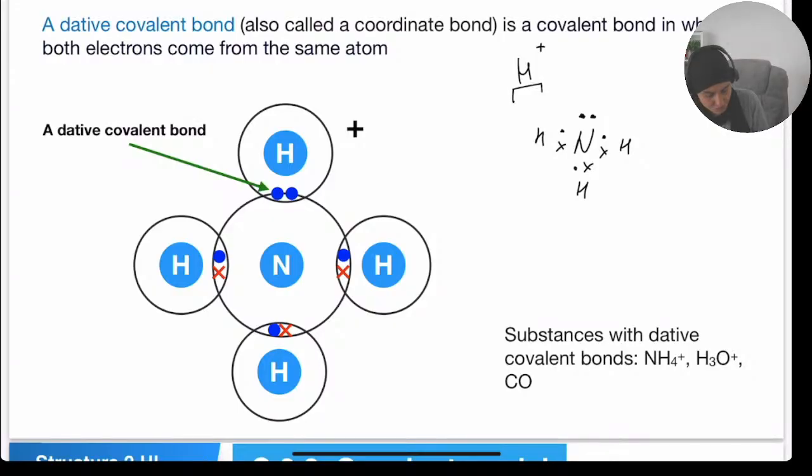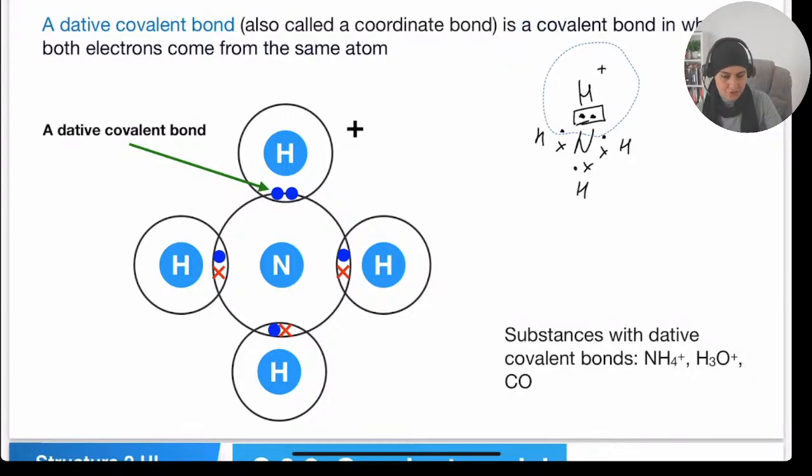It has an empty orbital. H plus has an empty orbital. And now, if they react, H plus gives the orbital, nitrogen gives its lone pair, they form a covalent bond, but it's not a regular covalent bond. That's the dative covalent bond, or coordinate covalent bond, because both electrons here are coming from nitrogen.